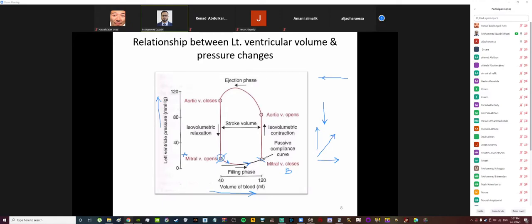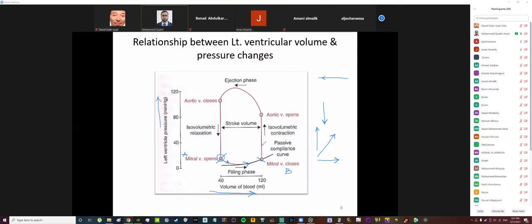Now, which phase are we starting from here? Isovolumetric contraction, because now the mitral valve is closed and the semilunar valve is already closed. Your ventricle starts to contract. And when the ventricle is contracting as a closed chamber, what will happen to the volume? It will remain constant. Why?